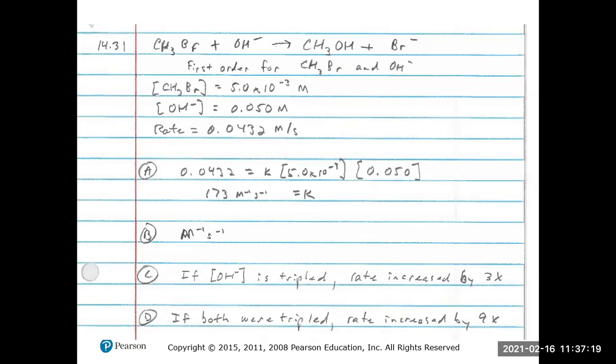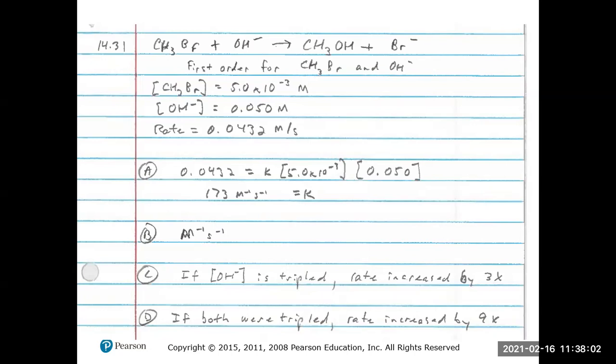So each of those reactants is first order, and the overall reaction would be second order, because 1 and 1 is 2. We're given concentrations for the methyl bromide, 5 × 10⁻³, and the hydroxide, 0.05 molar. With those concentrations and the temperature being 298 Kelvin, the rate of the reaction is 0.0432 molar per second.